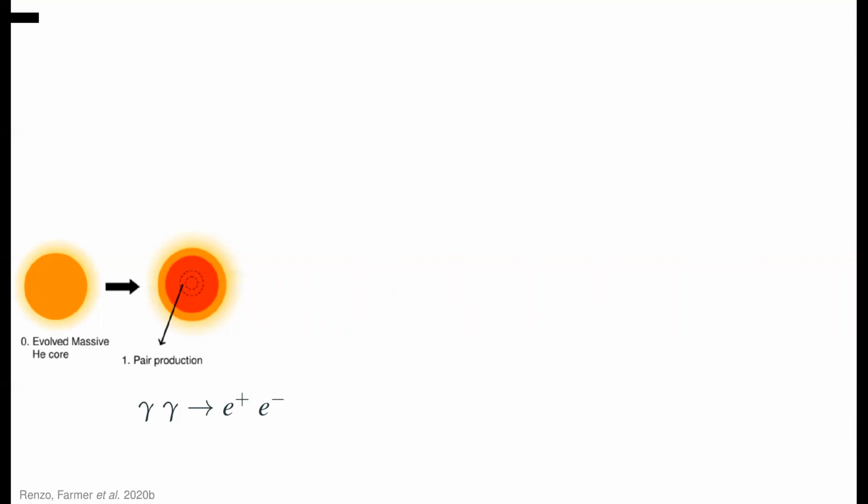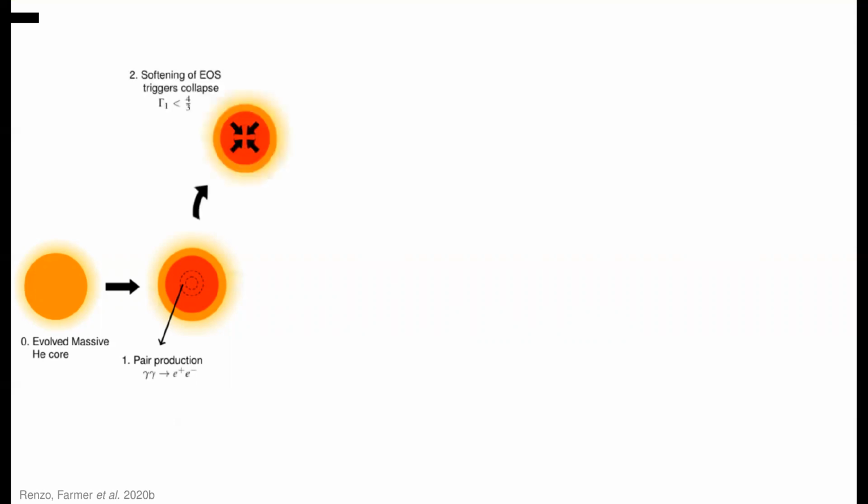This removes some photons, so effectively it softens the equation of state, because the equation of state was dominated by the radiation pressure. If you soften the equation of state, the star is going to collapse a little bit, which is going to increase the temperature and increase the rates of the pair production.